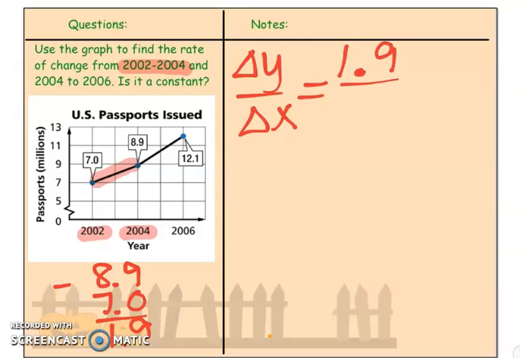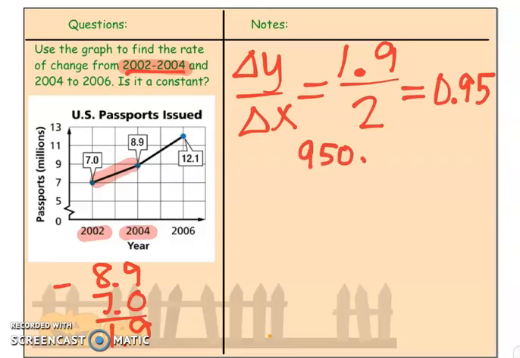They're not always increasing though. So it could be something that's going down where the rate of change is a negative number. So you have to be careful. And this interval is 2 years, from 2002 to 2004. So if I divide this one, I don't get a great number again, 0.95. And again, it's millions. So then this is really 950,000 passports per year.